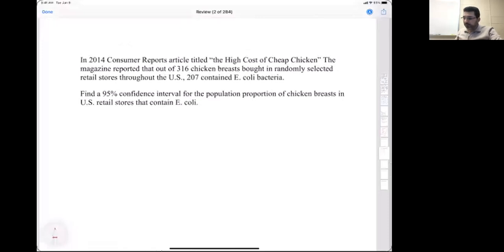Here we are dealing with the population proportion. We need to estimate this population proportion. First of all, we need to find p hat, which is x divided by n. x is the number of successes, n is the sample size.